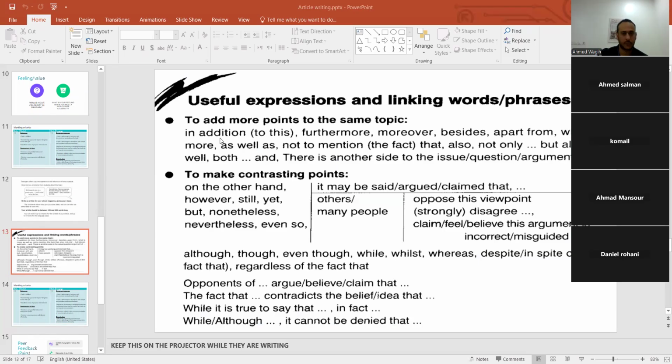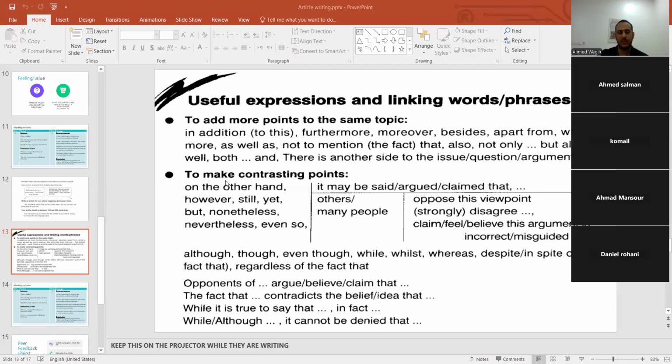Like for example, in addition to this, furthermore, moreover, besides, apart from, what's more, as well as, not to mention the fact that, also, not only, but also, as well, there is another side of the issue or the argument of. So choose 2 or 3, or let's say 4 linking words if you want to add information and memorize them. When you write, you can use these words, they will help you a lot.